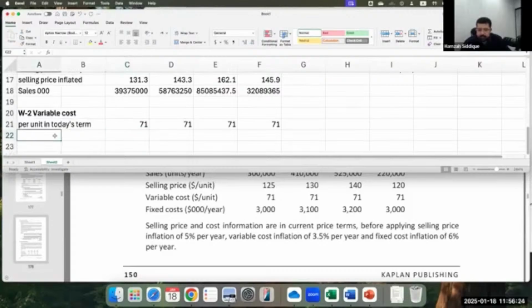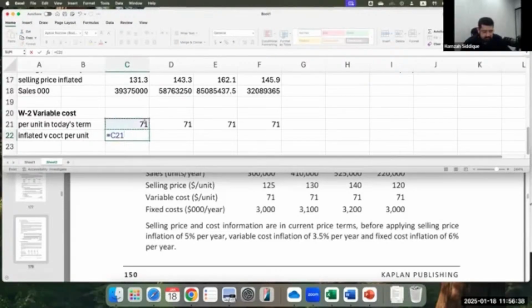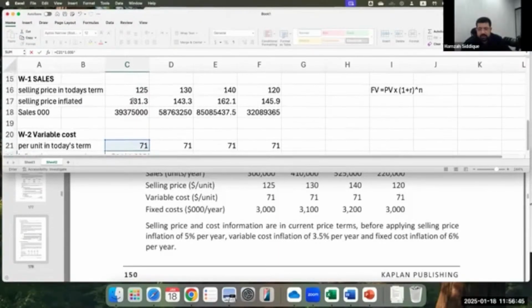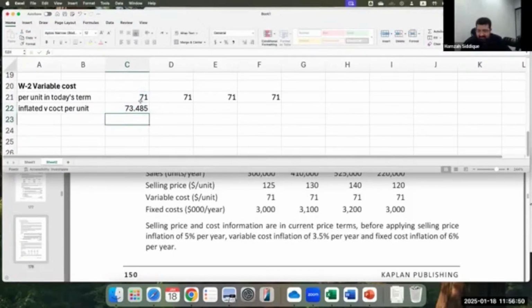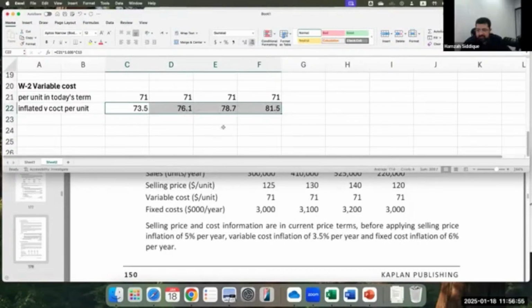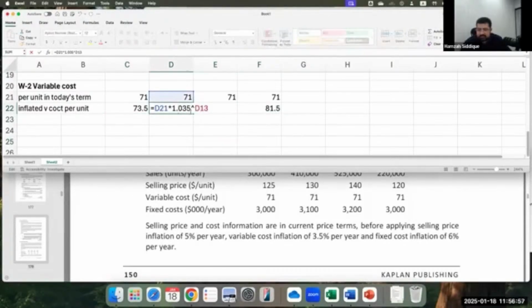So inflated variable cost per unit: the inflation rate is 3.5%, so this into 1.035 raised to power the number of years. Same as we have done.